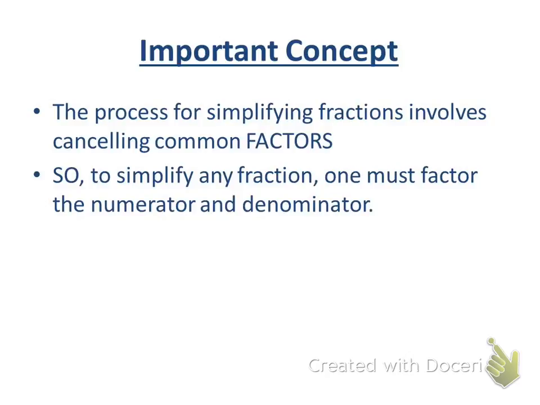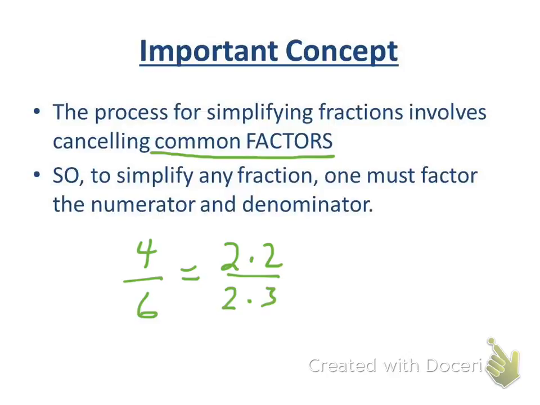So the process for simplifying fractions involves canceling common factors. Again, this is all kind of just review. We can only cancel common factors. For example, we just simplified 4/6. We said that was 2/3. The reason it's 2/3 is because we can cancel a common factor of 2 from the numerator and the denominator, and we're left with 2/3.